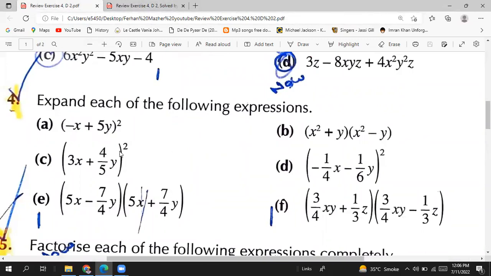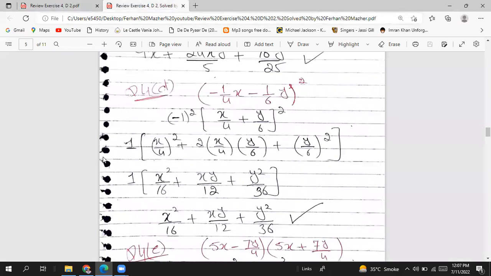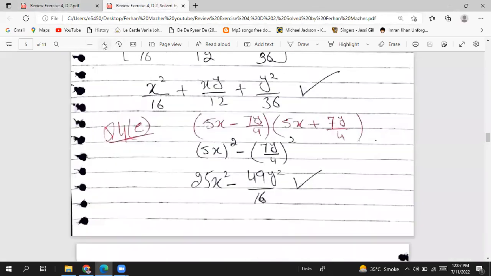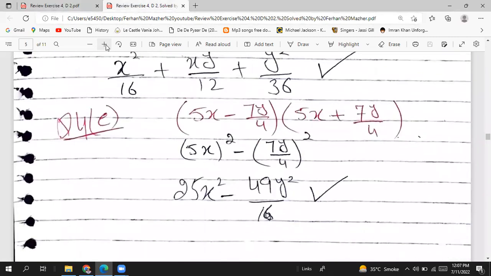Okay, so we are going to the next question. The next question is question number 4, E part. Here we have 5x minus 7y by 4, and in the other bracket, we have 5x plus 7y by 4. So I have to multiply them. This is exactly like a minus b into a plus b, which will be equal to a square minus b square: square of the first term minus square of the second term.